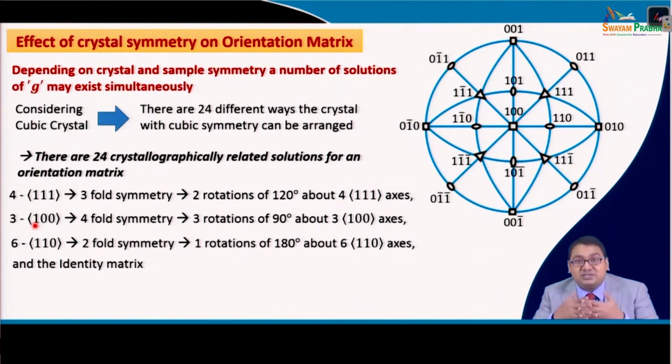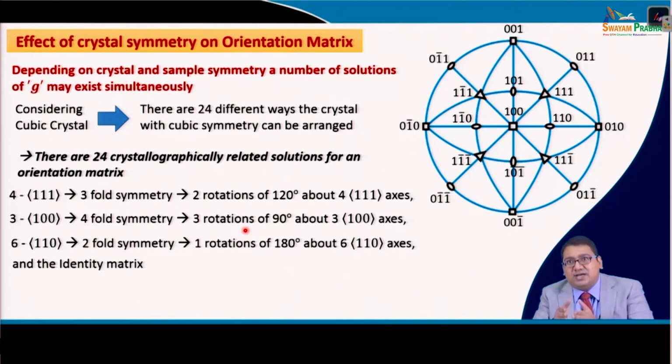Similarly, it has six 110 axes with 2-fold symmetry. If you give one rotation of 180 degrees along any of the six 110 axes, it comes to the same position. And there is the position where there is no rotation, that is the identity matrix, right. So, if we add the first one, 4 into 2, that is 8, and then 3 into 3 for the 100 axes, that is 9.